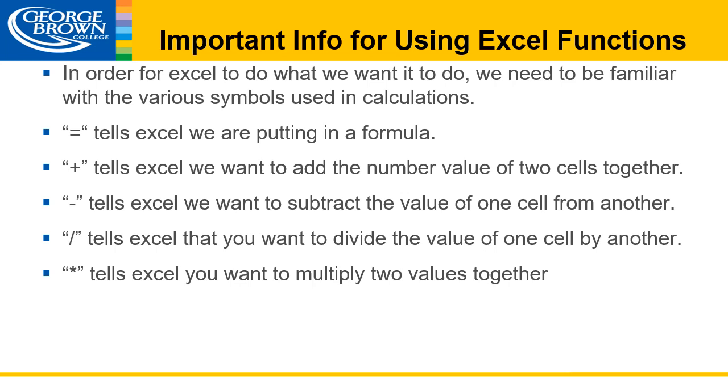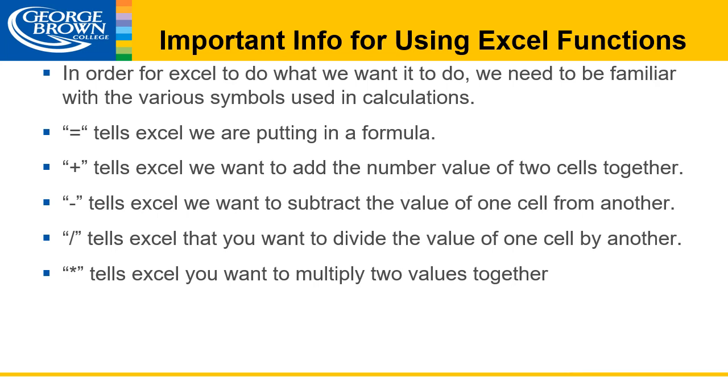While the addition and subtraction symbols are pretty intuitive to those particular mathematical procedures, for example, addition is a plus sign, subtraction is the subtract sign, multiplication and division, these you might not have seen before if you haven't worked with Excel a lot.